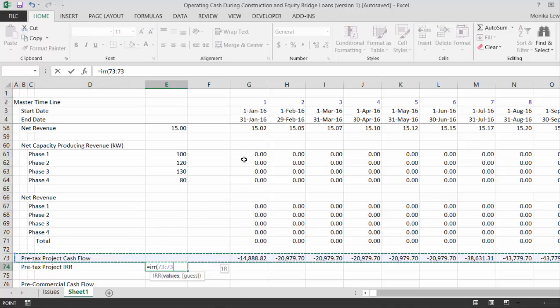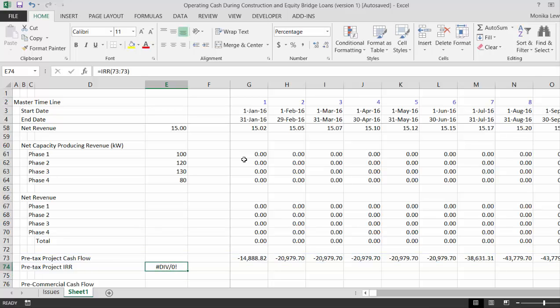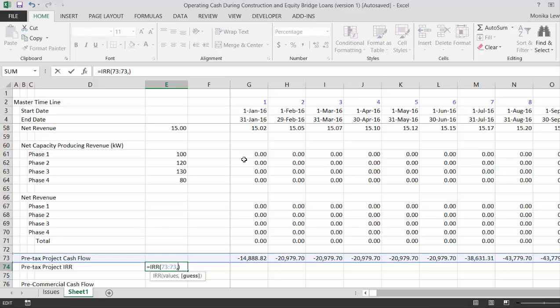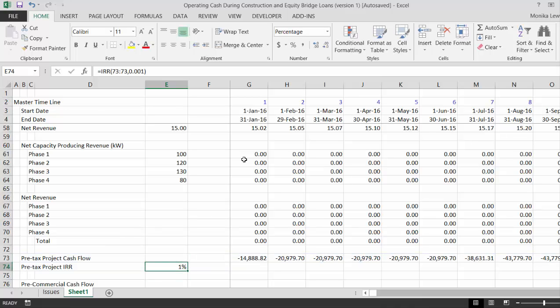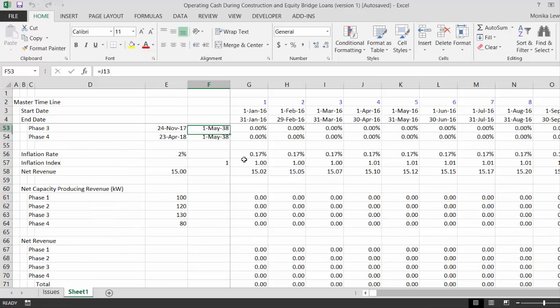Why you'd use the XIRR here, I have no idea. Maybe because you don't like to do that. Shift Control P. So then our annual IRR is this plus 1 raised to the 12th minus 1. So that's 9%.